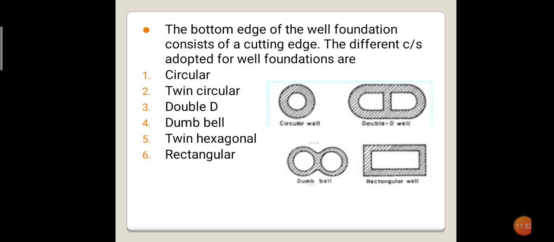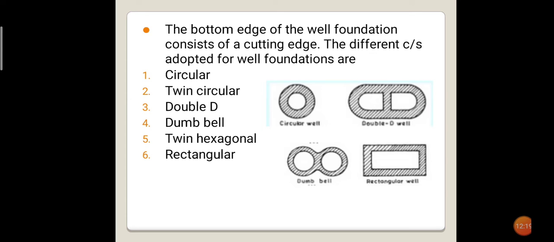We have different shapes of wells, that is, cross sections of wells. Normally here it is mentioned: circular, twin circular, double D, dumbbell, dual hexagon, rectangular. So these are some of the different shapes.